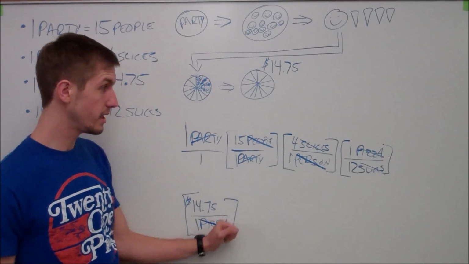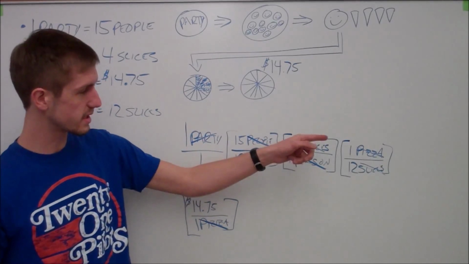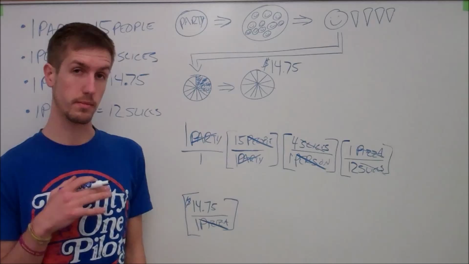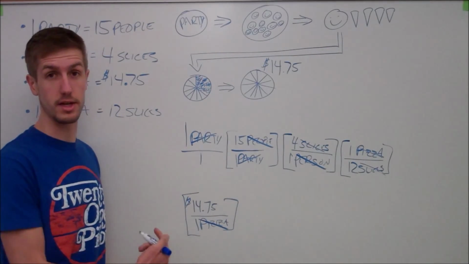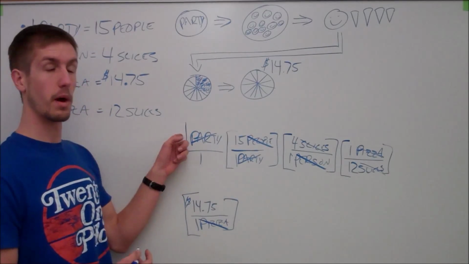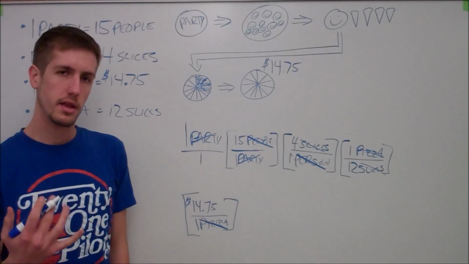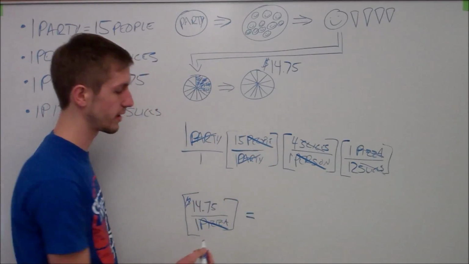Finally, all of my units have been canceled out. I've got no more parties, I've got no more people, I've got no more slices, and my last one is no more pizzas. I'm just left in terms of dollars. How much money is it going to cost? So this will tell me how much money it's going to cost for my one party. Then all I have to do is take every number that I have on top and multiply it together.